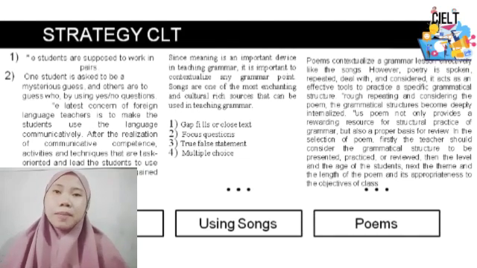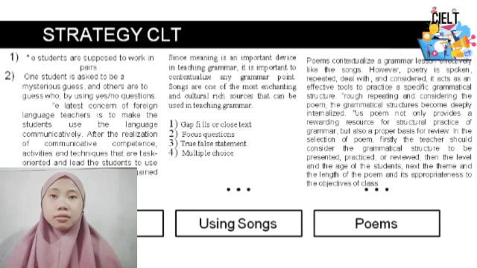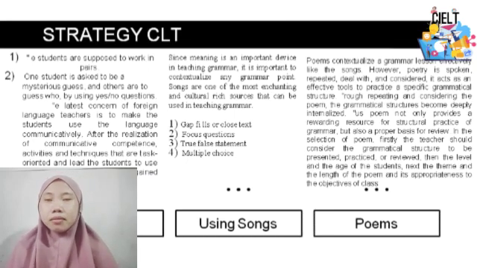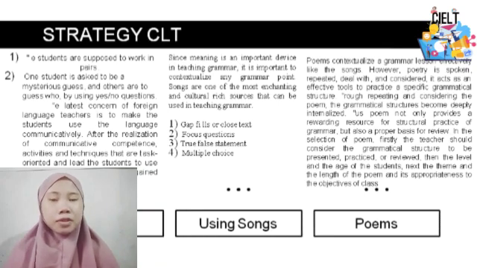Poems. The poem is a contextual grammar lesson, effectively like songs. However, poetry is spoken, debated, and considered an effective tool to practice a specific grammatical structure. It may not be a poem, but maybe a song or a film, where there are many sentences in different structures, and then we can know which grammatical structure is present.